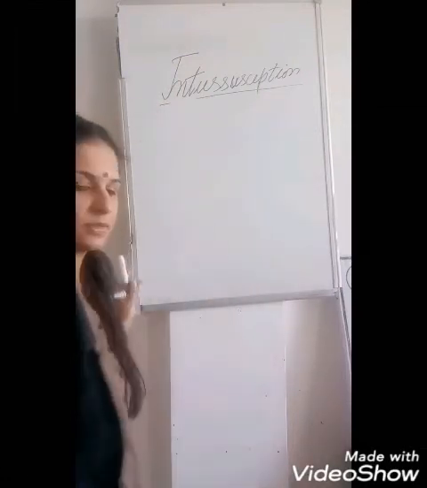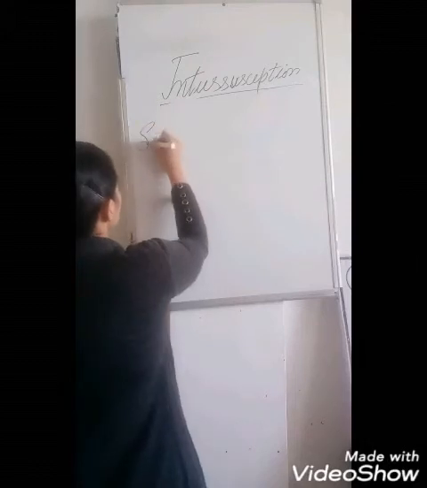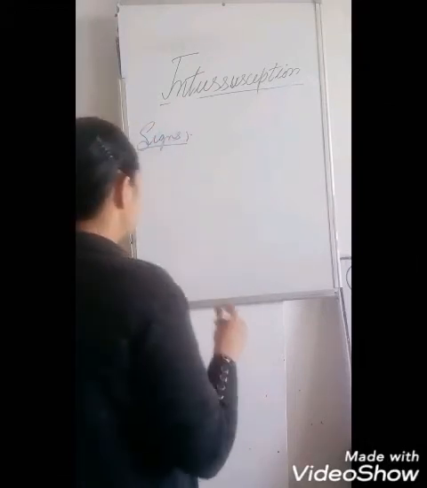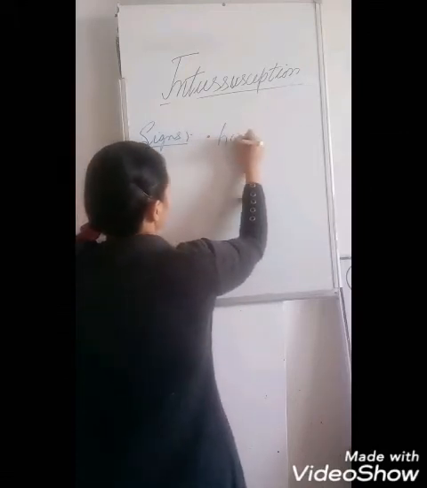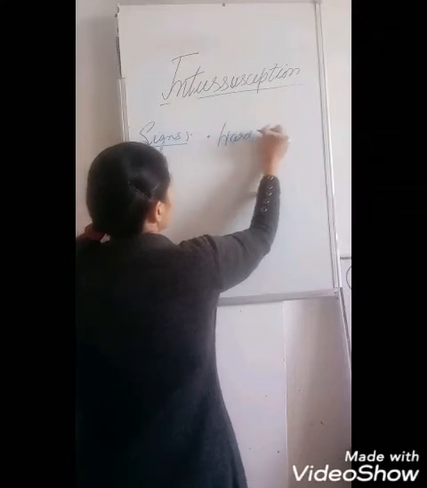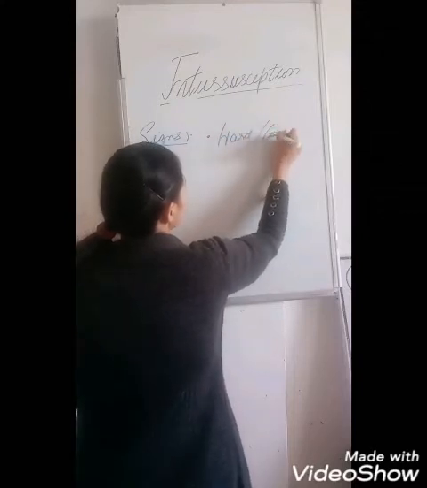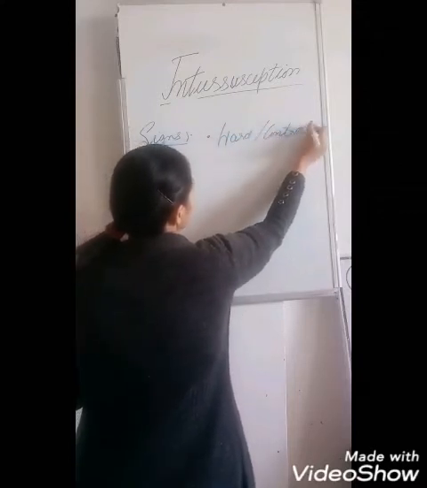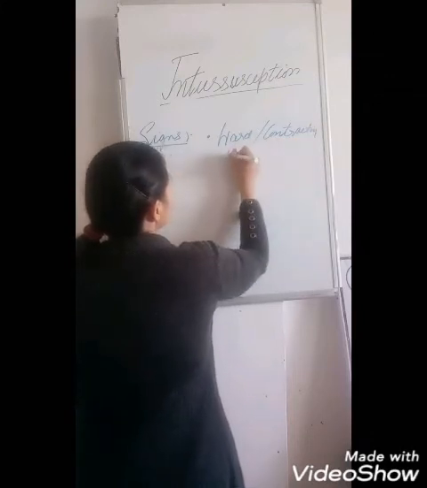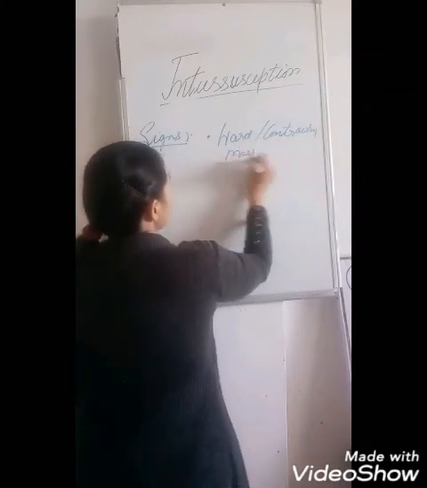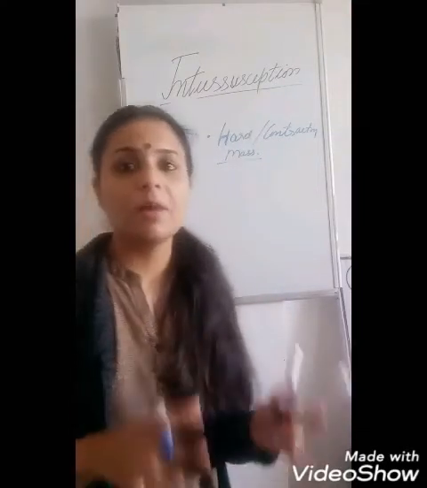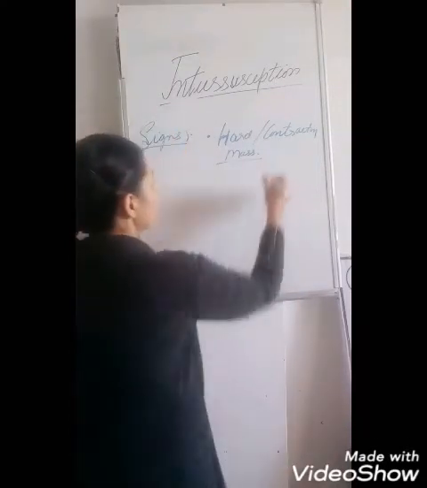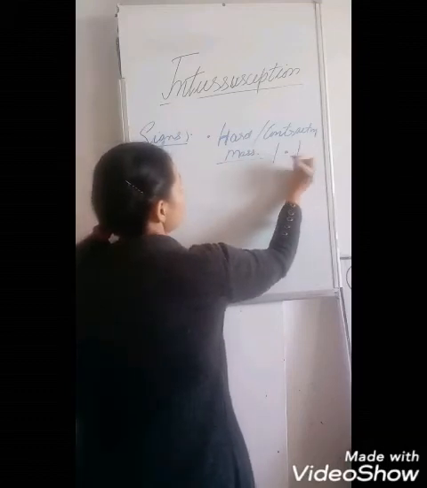Now the signs. When you examine the baby in case of intussusception, you will notice a hard mass in the umbilical region. Remember, this is the umbilical region.